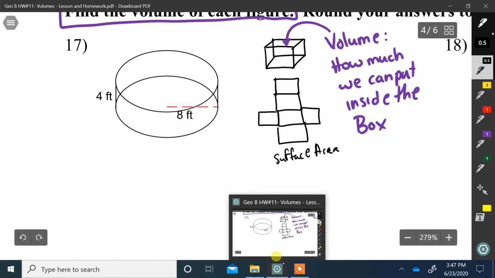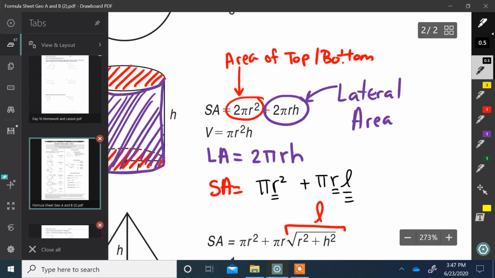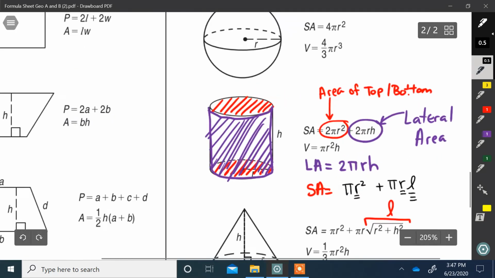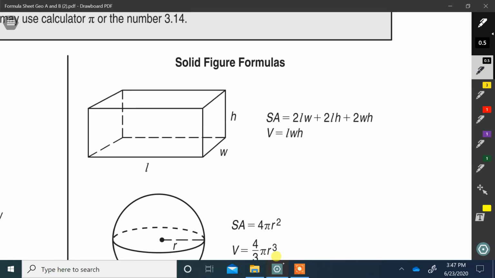If you take a look at the formula sheet, it also gives you volume for a lot of those shapes that you see in there. And usually calculating volume is a little bit easier. It's not necessarily easy, but it's a little bit easier than finding the surface area.